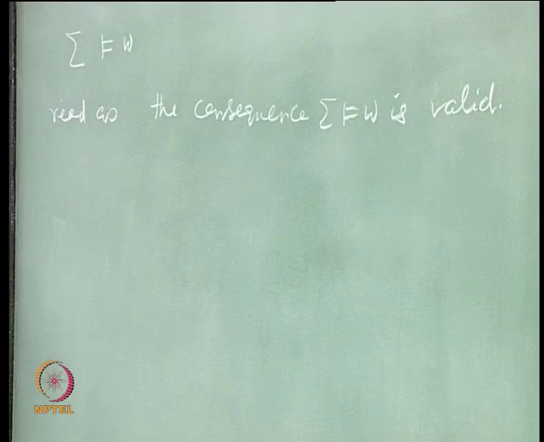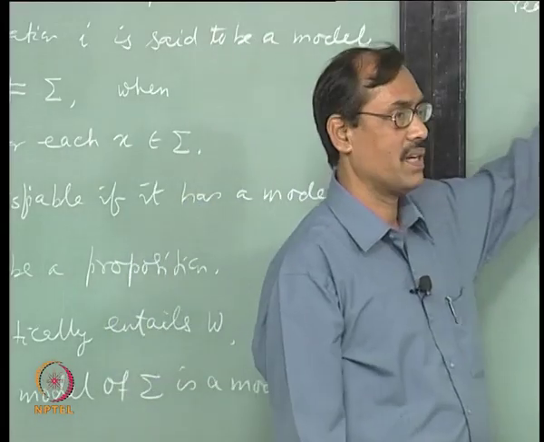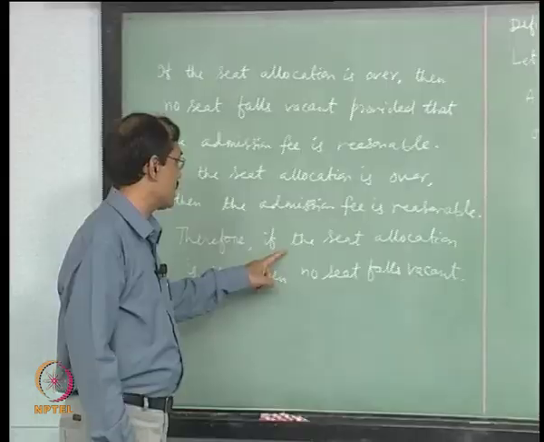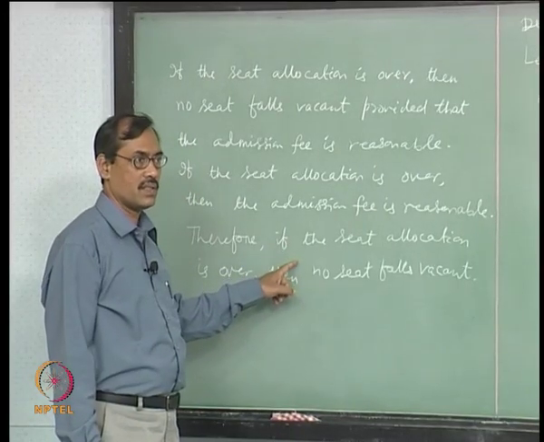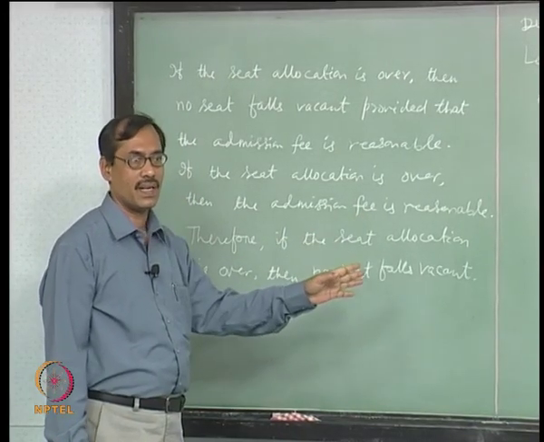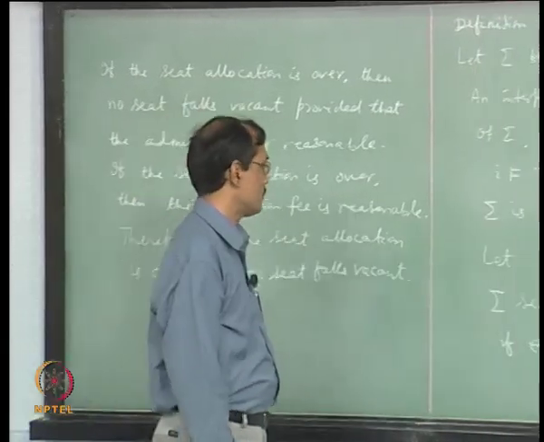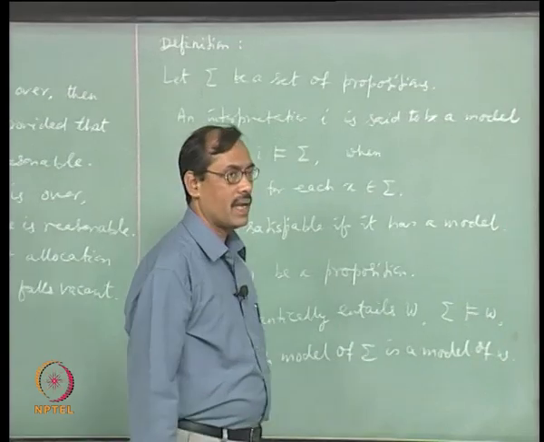Then to refer that it is a consequence, we just put the adjective, the consequence sigma entails W, which means we do not know whether it is valid or not. Once it is valid we can write that as sigma entails W, without the adjective. Now, first thing is given an argument we want to write it as a consequence, in that form which is to be validated or to be seen that it is not correct. Now, how do we do it?